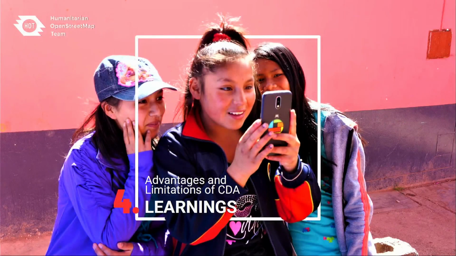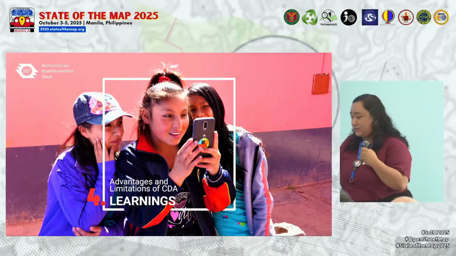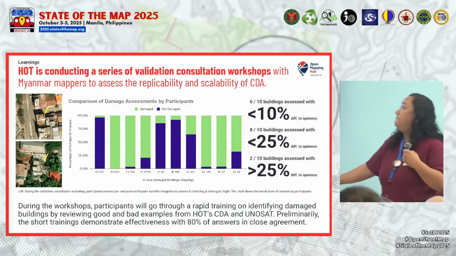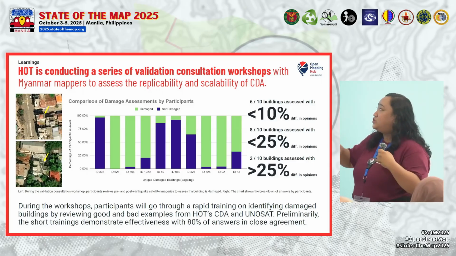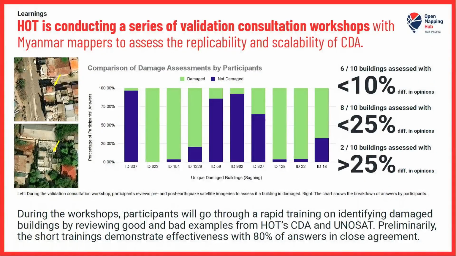So, what are the advantages and limitations of this approach, the CDA? Here we have a damage or not damage graph. And basically, this is the summary. For 6 out of 10 buildings assessed, there is less than 10% difference in opinions. And for 8 out of 10 buildings assessed, there is less than 25% difference in opinions.